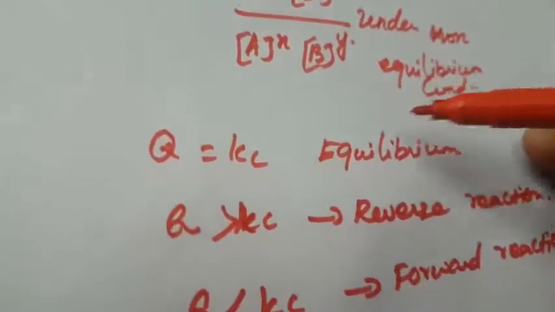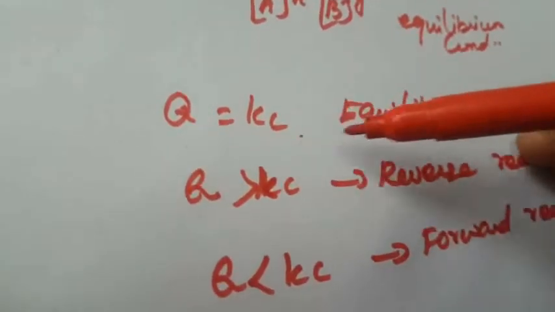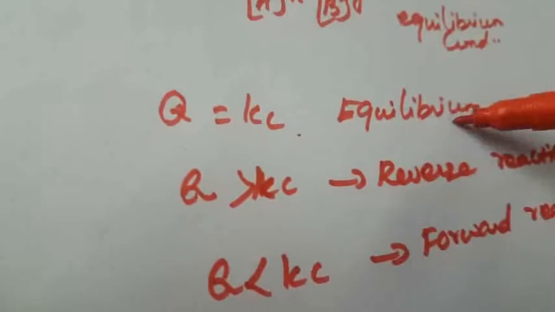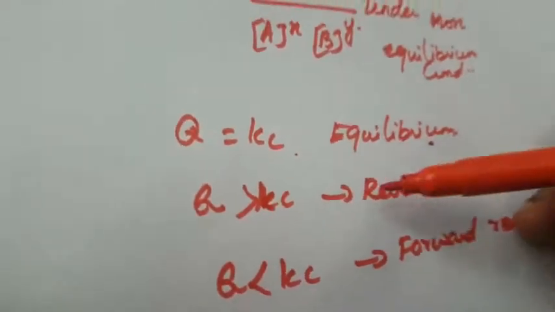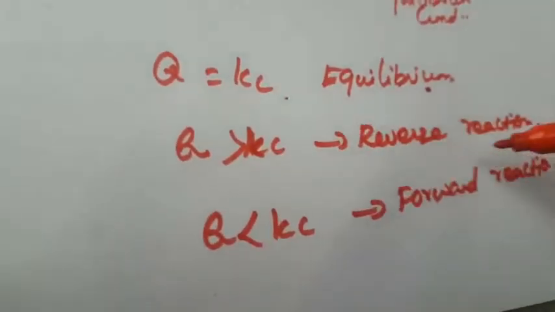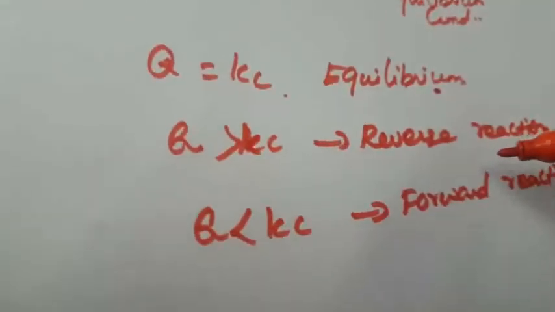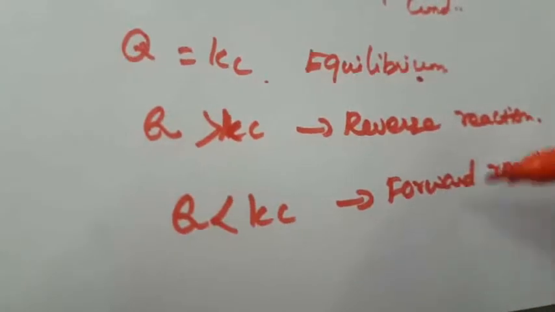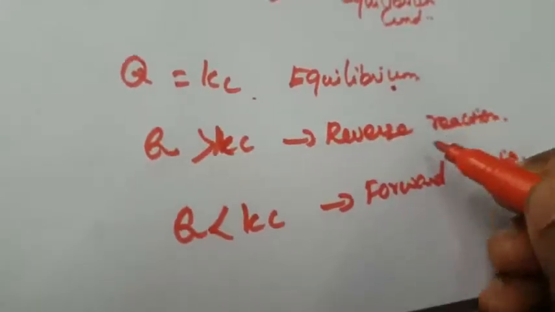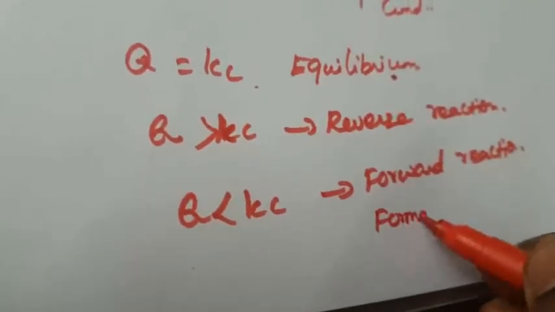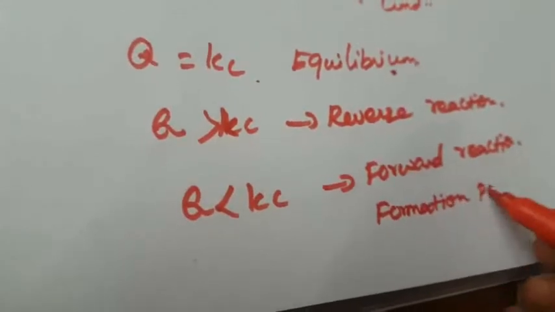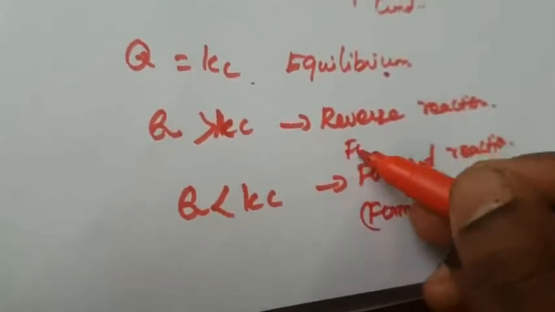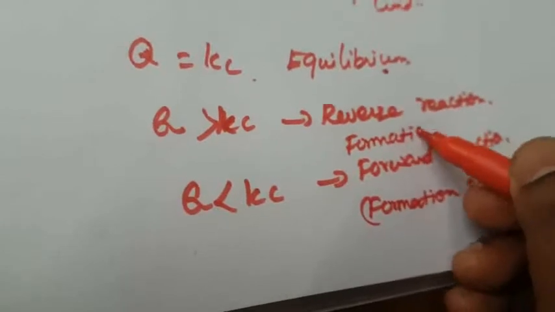Q equal to Kc means the reaction is at equilibrium. Q greater than Kc means the reverse reaction is favored, with formation of reactant. Q less than Kc means the forward reaction, with formation of product.